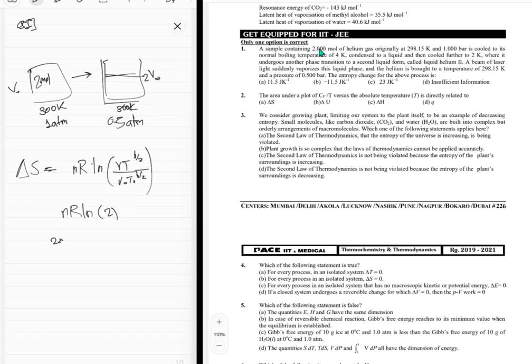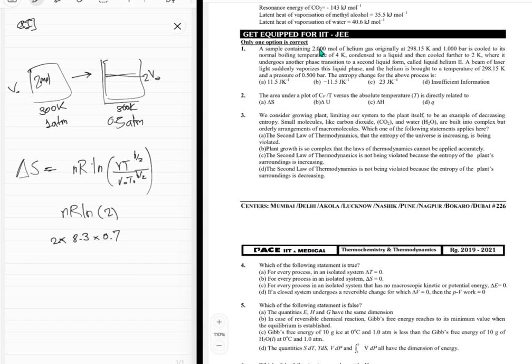So it's going to be 2 moles times R. You want joule per Kelvin, so you want to put in SI: R is like 8.3, times natural log 2. Natural log 2 is like 0.69, which I'm going to say is 0.7 approximately.